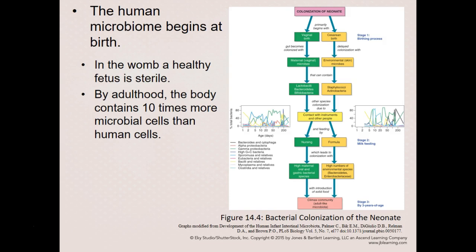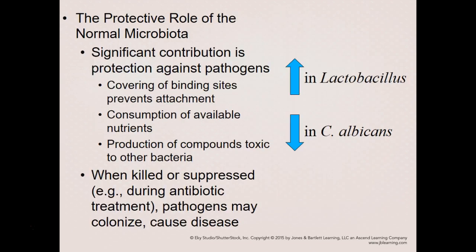The type of bacteria that we're going to have are going to be different because vaginal birth allows the baby to come into contact with different species than a cesarean birth does. But in the end, we're going to have very similar microbiota as everyone else does.